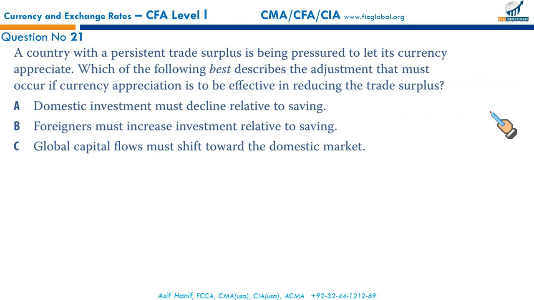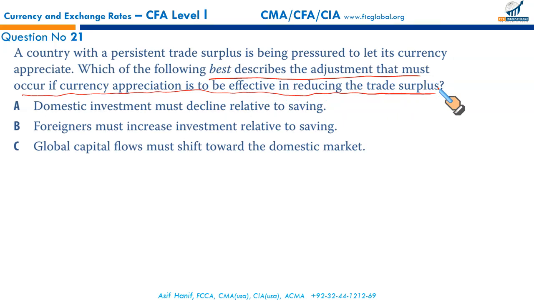Next, a country with a persistent trade surplus is being pressured to let its currency appreciate. Which of the following best describes the adjustment that must occur if the currency appreciation is to be effective in reducing the trade surplus?